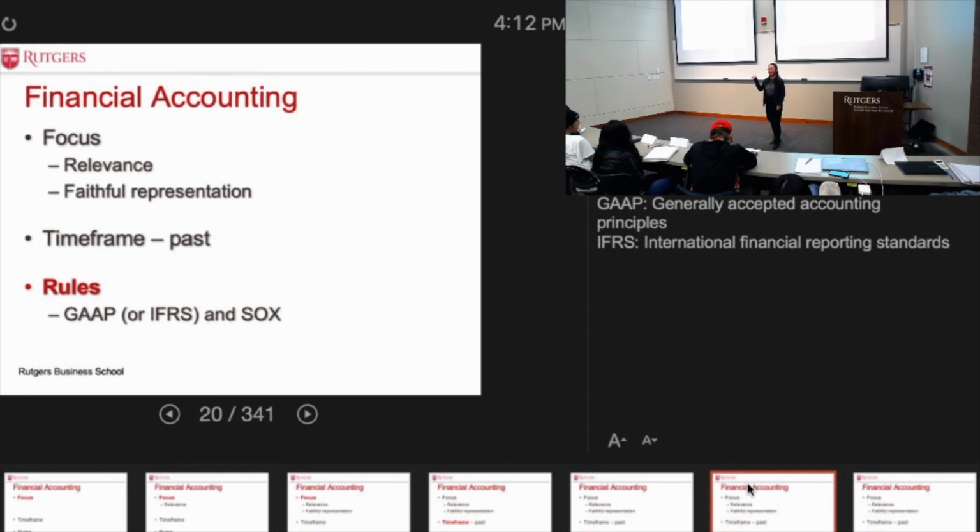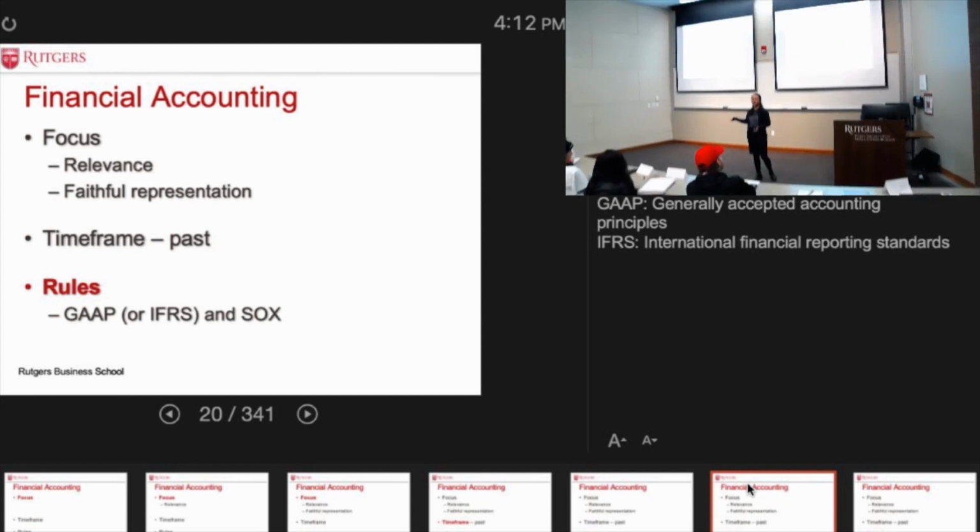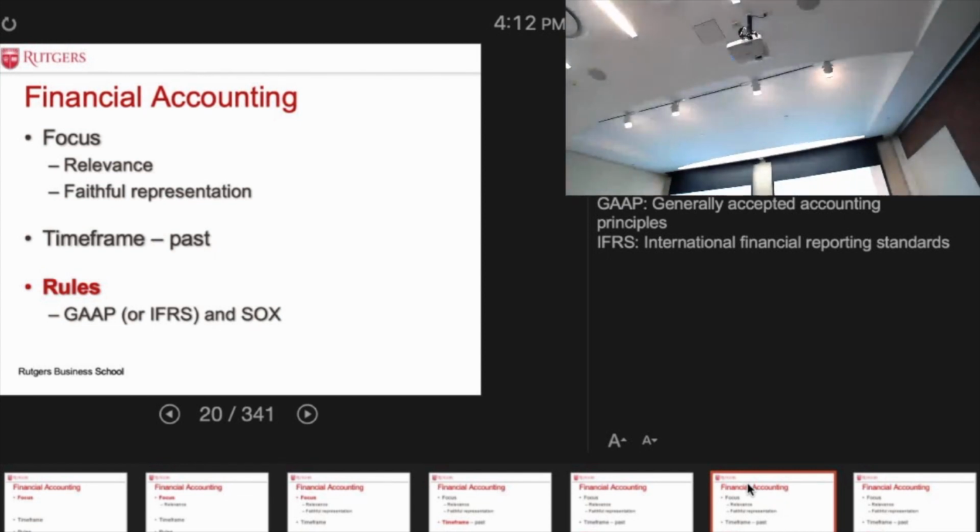And GAAP, what is GAAP? Generally accepted accounting principles. And IFRS, International Financial Reporting Standards, right? And Sarbanes-Oxley, right? So this one was carried out after the Enron scandal, right?